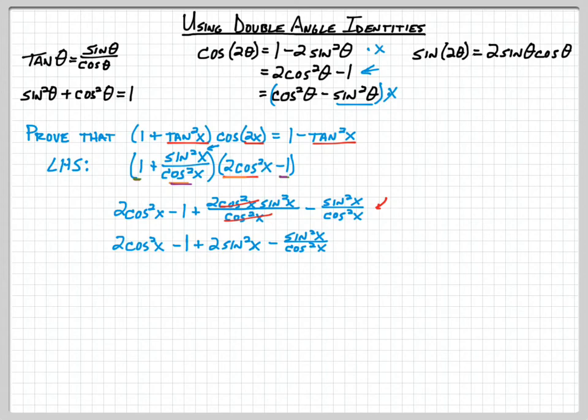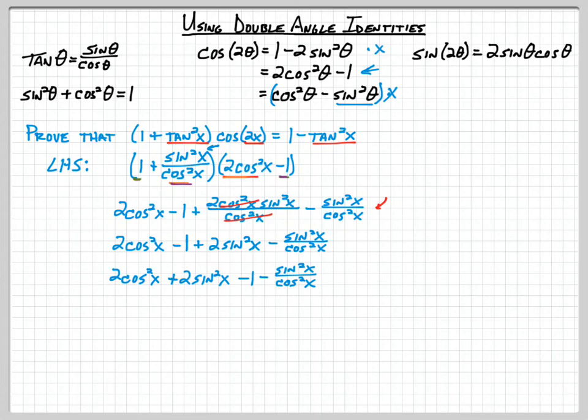Now, because I've done this a little bit, some things are jumping out at me more than they might be for you. But if I rearrange this a little bit and bring the cosine squared and the sine squared next to each other, I can see that I'm going to have something that I can substitute in there. Then we'll bring the rest of it along as well, the negative 1 and the negative fraction. As I'm looking at this, I've got a common factor of 2.